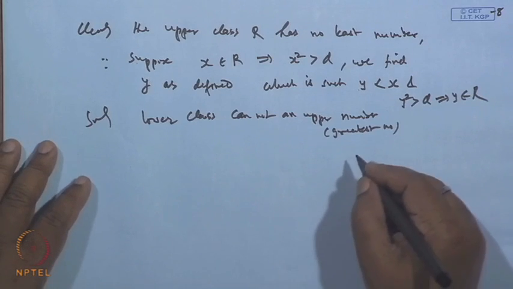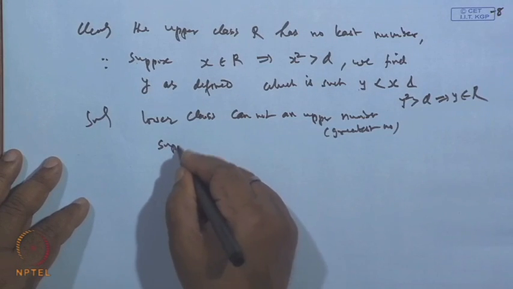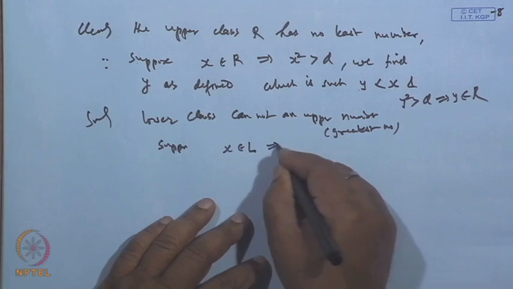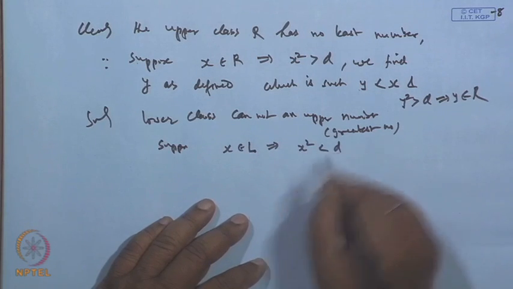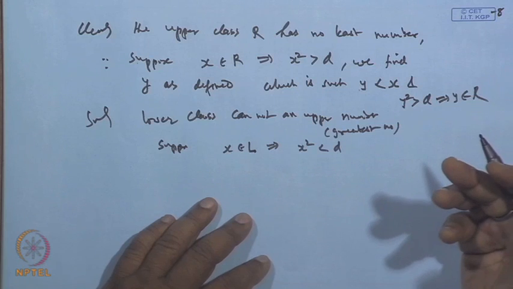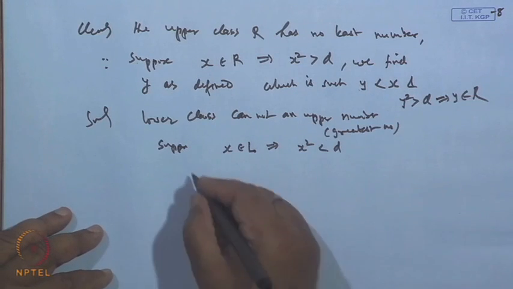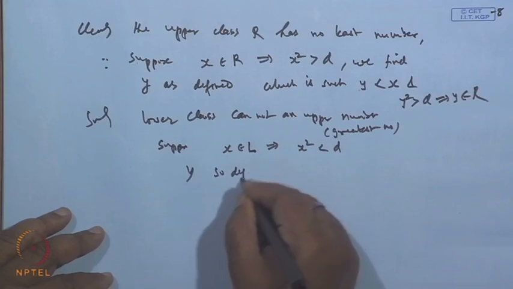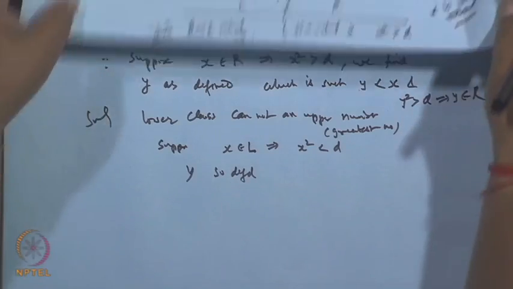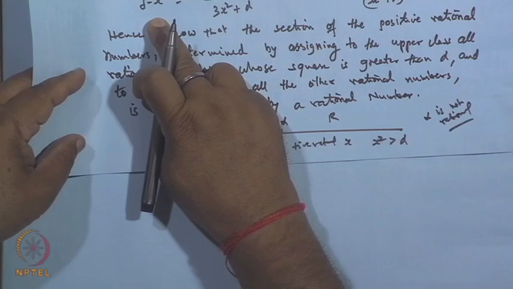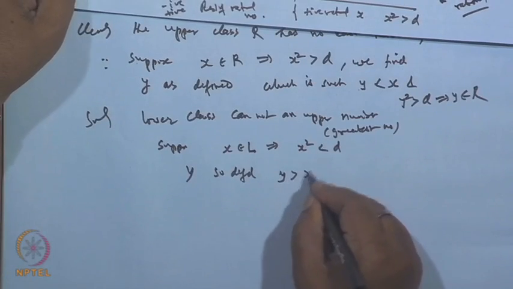Because if x belongs to the class L, then x square must be less than d, otherwise x would be in the upper class. If x square is less than d, then this is positive, so y minus x is greater than 0, so y is greater than x.